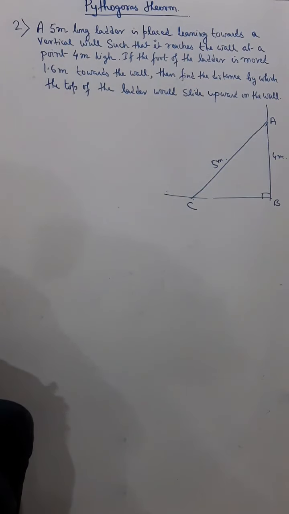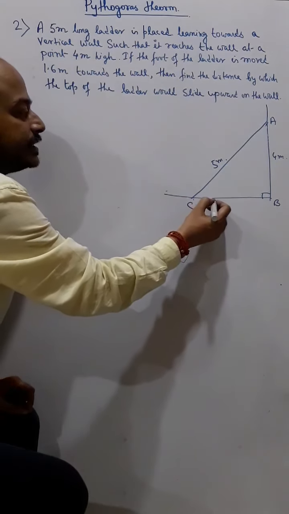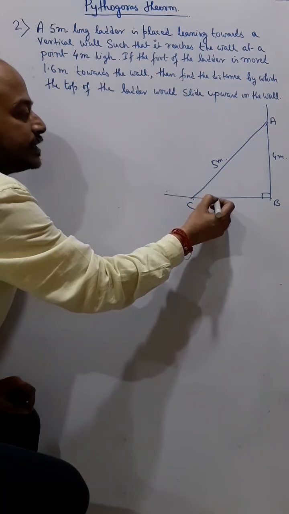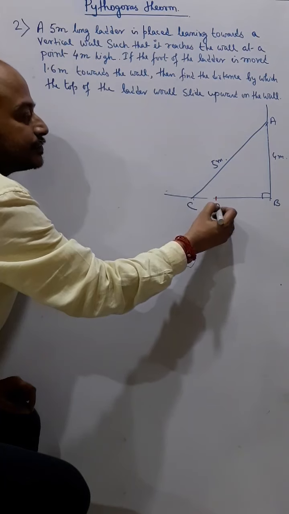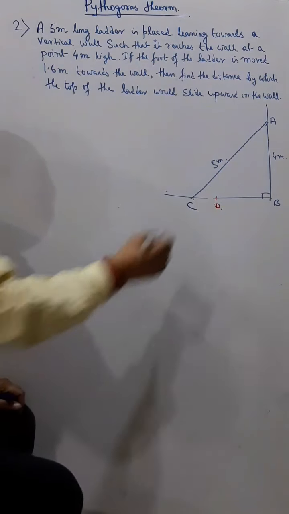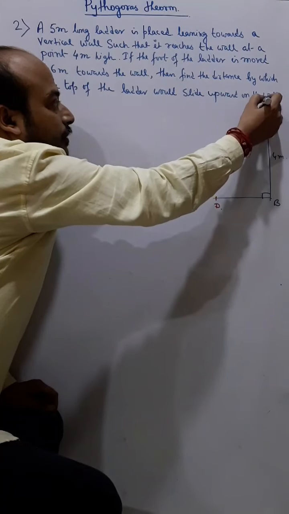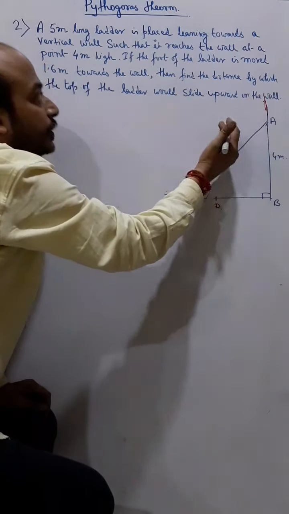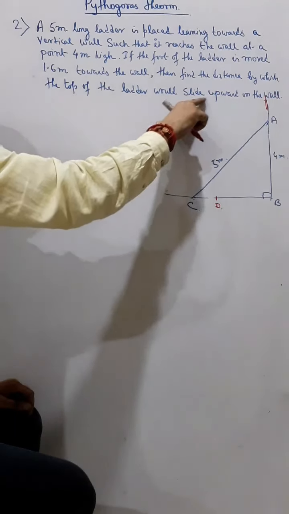Now if the foot of the ladder is moved say 1.6 meters, if the ladder comes here, then what will happen? We have to find the distance by which the top of the ladder would slide upward.